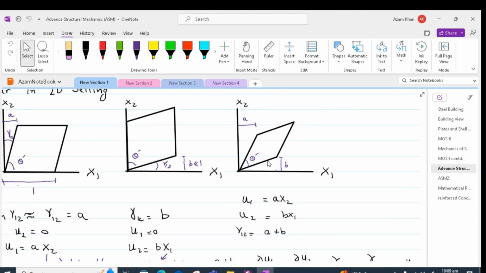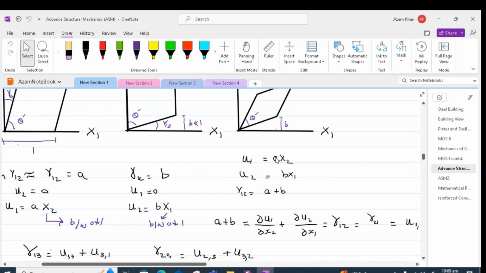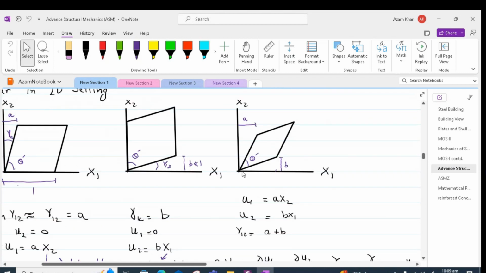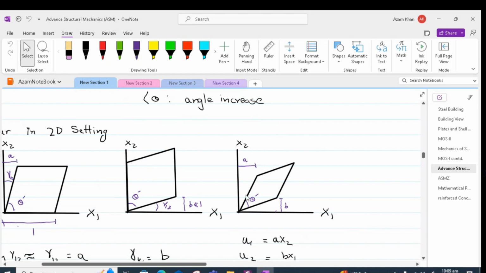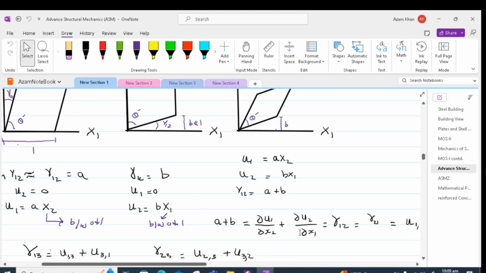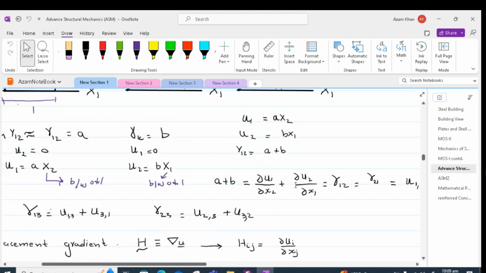Our angle was equal to u2 by x1, which is given over here, and similarly this side was equal to u1 by x2, which is given over here. In the limit, it will turn into partial u2 by partial x1 and partial u1 by partial x2. The shear strain is equal to the summation of these two angles.